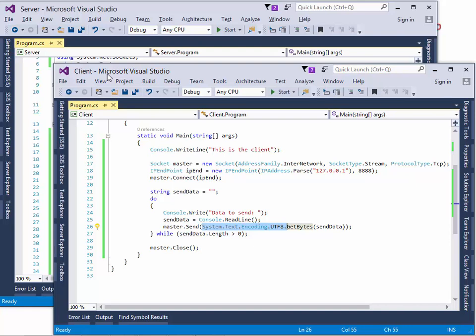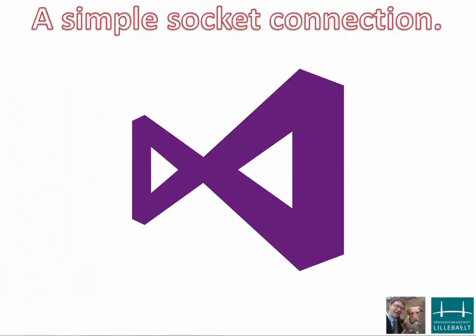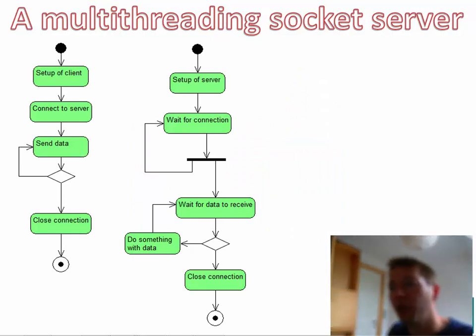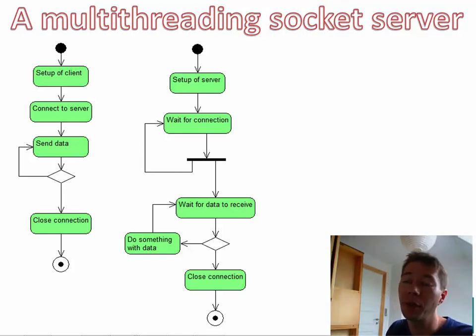That was the simple client in which we could send data back and forth. But if we look at this, we can see we have a slight problem here. We want to be able to connect with several clients at the same time, and we couldn't in the last design. If we look carefully at this design, we can see that we still have a client.